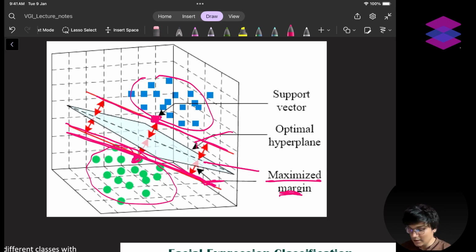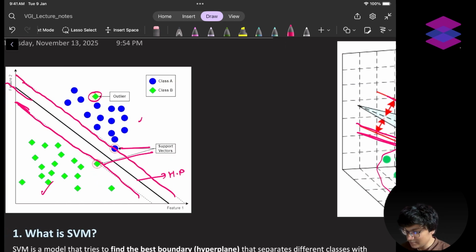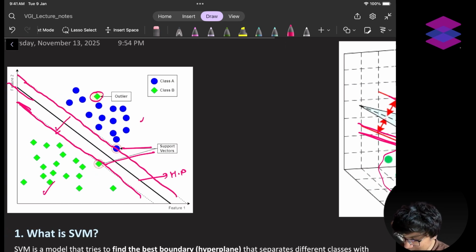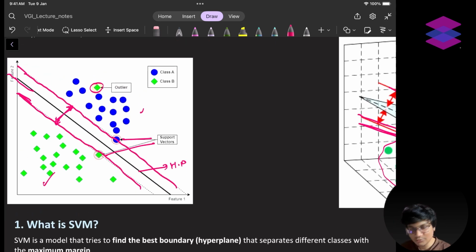What is the maximized margin? In mathematics, if you draw the perpendicular normal to the plane, the least distance is your margin. Whichever has a very large margin has done the classification very well.